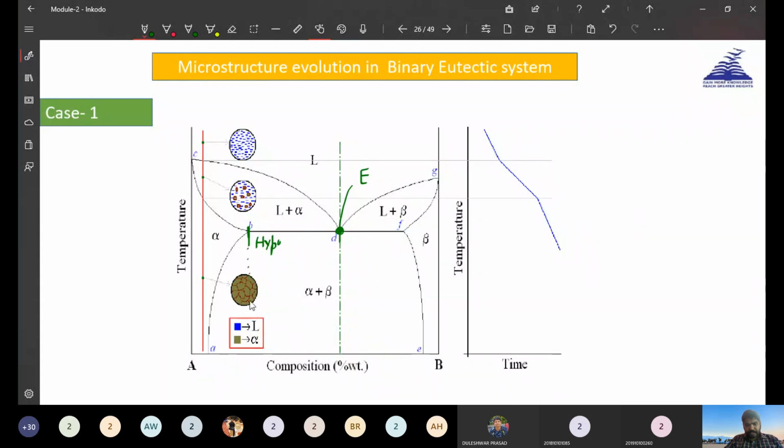If I say that I have taken a composition of this alloy A and B of hypoeutectic composition, then we are talking about a composition in this region only. So the region from the eutectic point to this point, which is where the solidus and solvus lines meet, the distance between these 2 points is known as hypoeutectic.